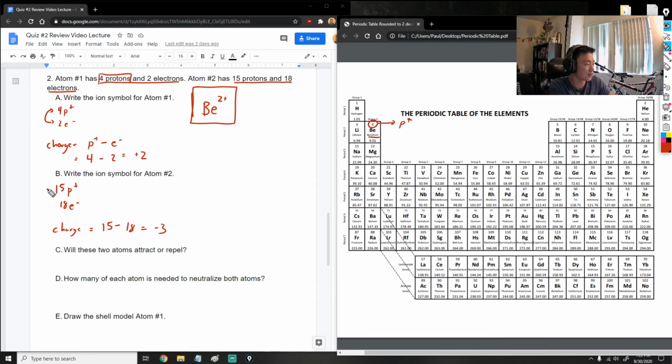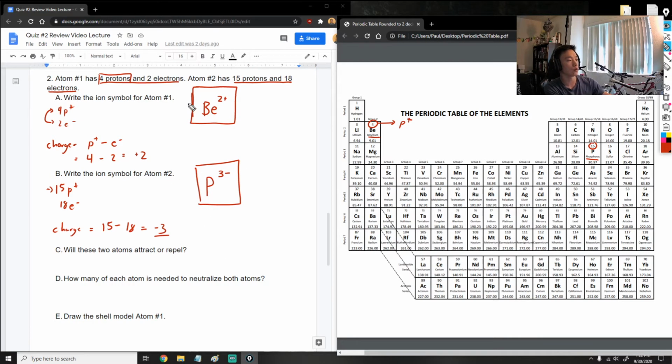Since it's 15 protons, we just look for the element with 15 on the top. Should be right here. And the element that has 15 on the top is phosphorus. It's P. So we're going to write P. And we know that the charge is negative 3, so the charge is going to be 3 minus. So P3 minus.